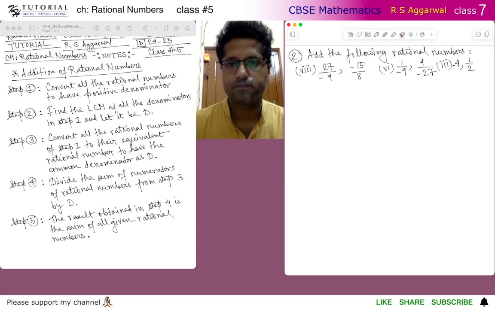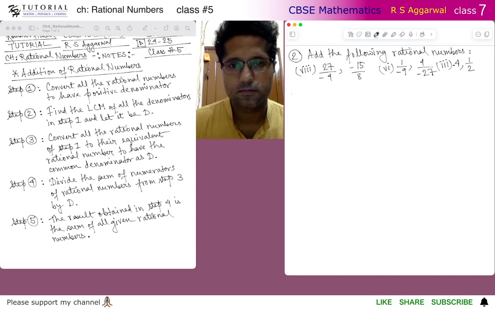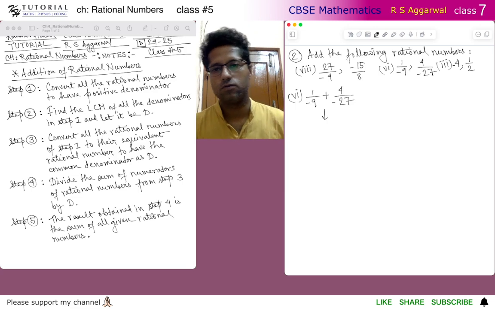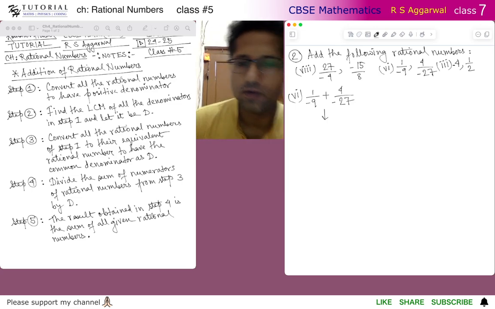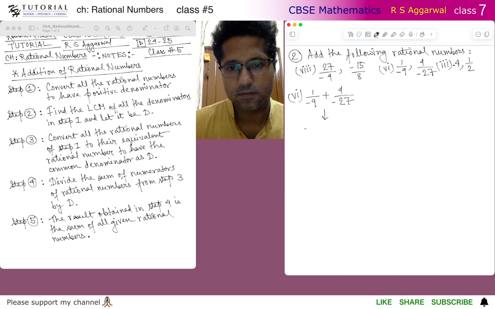Let's do 6. It asks to add 1 by minus 9 plus 4 by minus 27. So first we have to convert both the rational numbers to have positive denominator. So it becomes minus 1 by 9 plus minus 4 by 27.